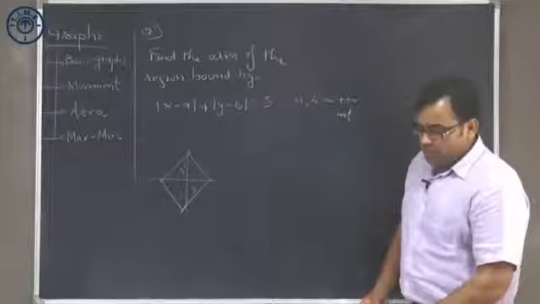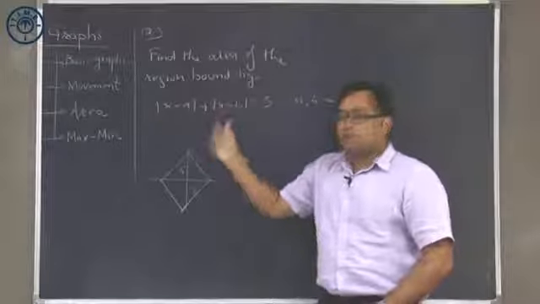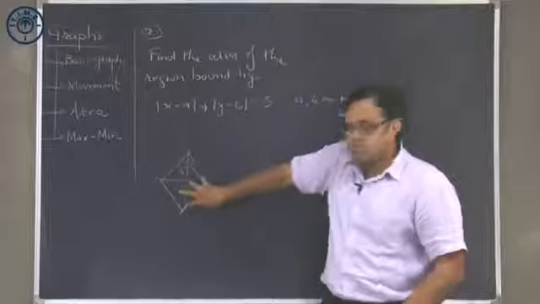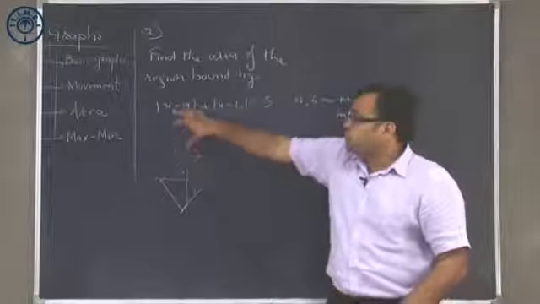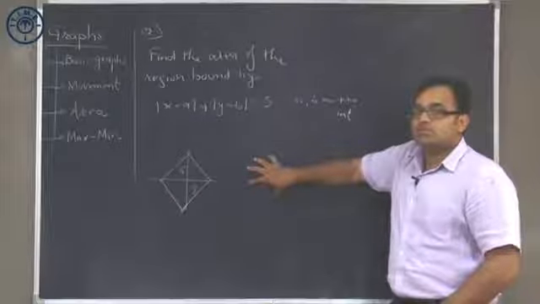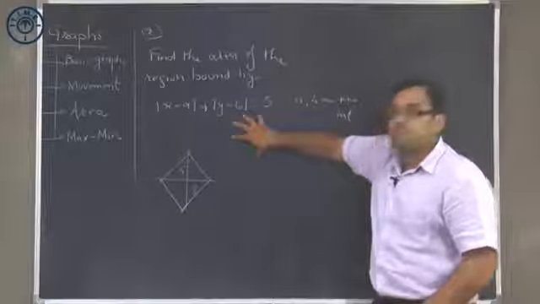Now when you put a modulus inside this or inside this, it does not change the graph per se. It only changes the location of this graph. So if I do x minus a, this will move to the right by a units. Similarly, if I do y minus b, it will move upwards by b units.